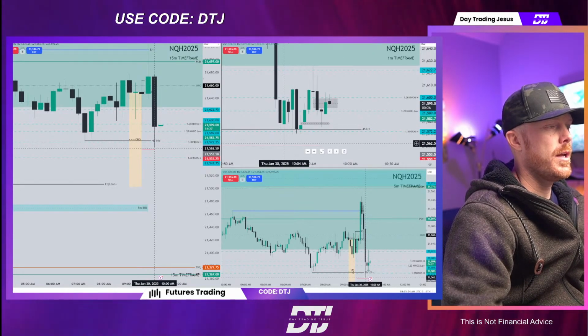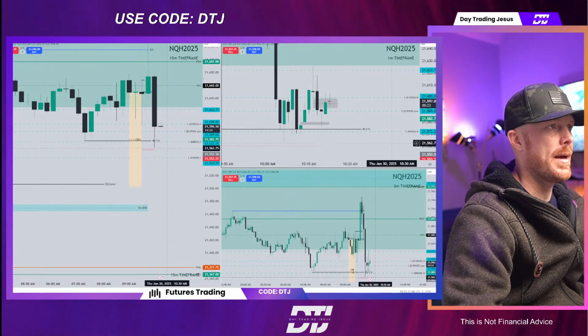For our sweep of liquidity, new day opening gap tagged.